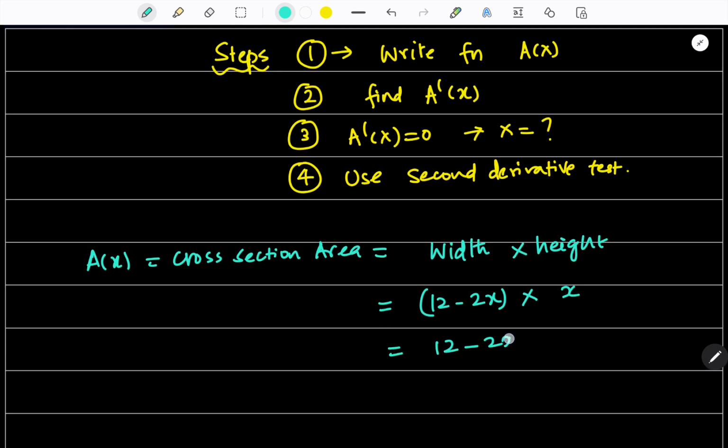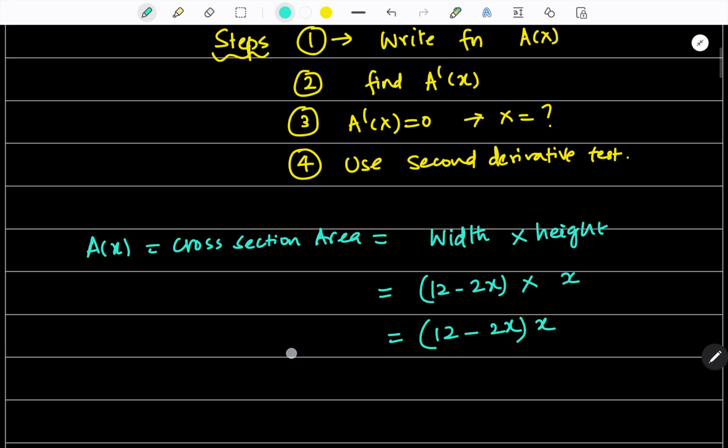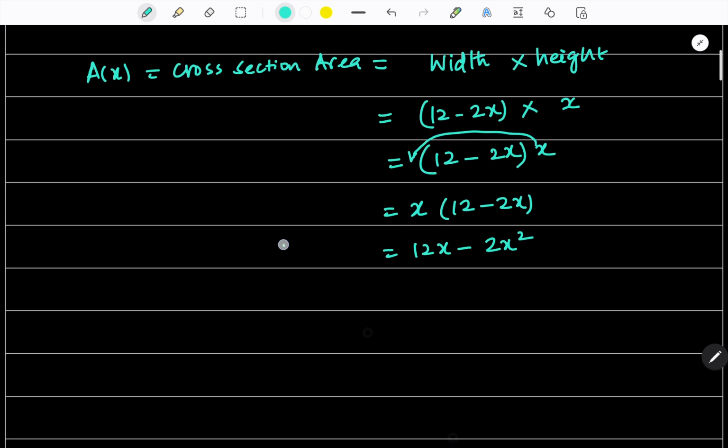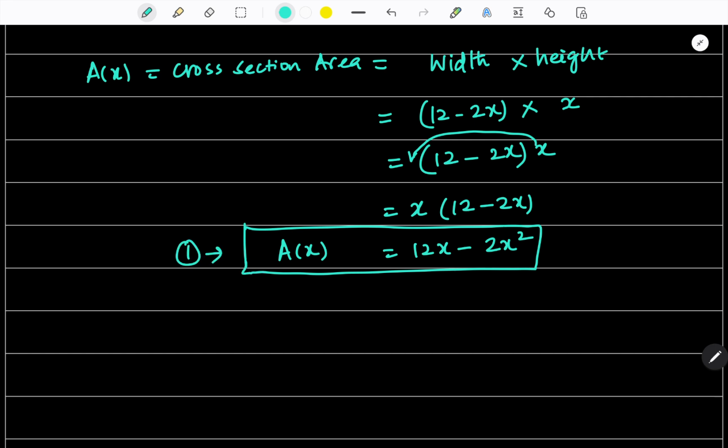So it is 12 minus 2x multiplied by x. Let me take this x to the front, so it is x times 12 minus 2x, which is 12x minus 2x squared. So this is your A of x. This is step number 1. Now let's go to step number 2, very easy: A dash of x.